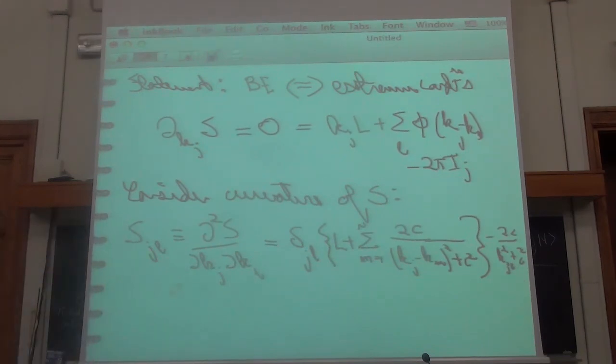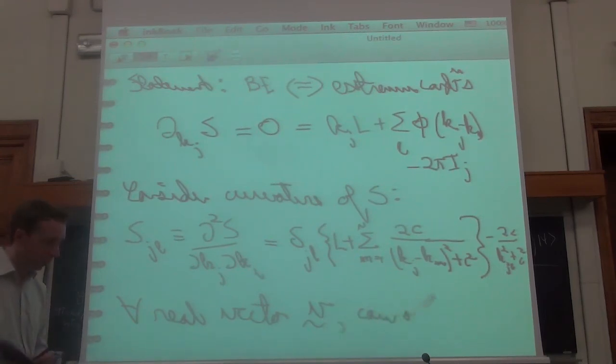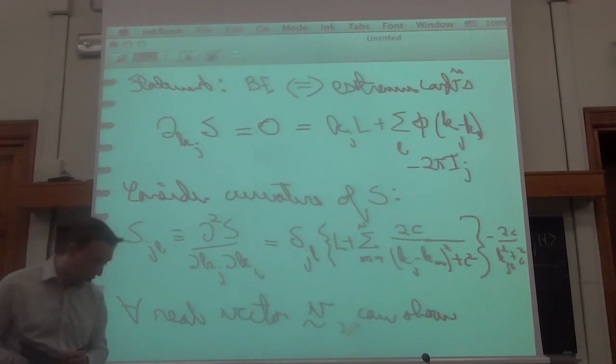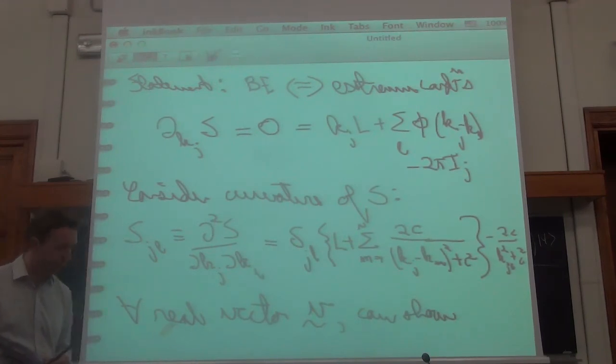Now, for any real vector v, an n-dimensional vector, one can show that the quadratic form, the sum over j, l of v_j S_jl v_l, is equal to blah blah blah, is greater than 0.